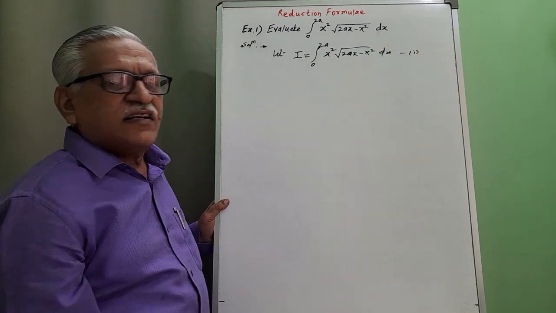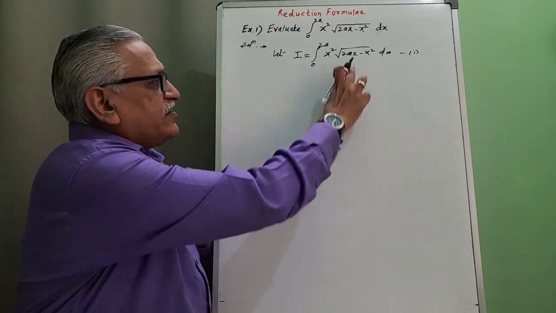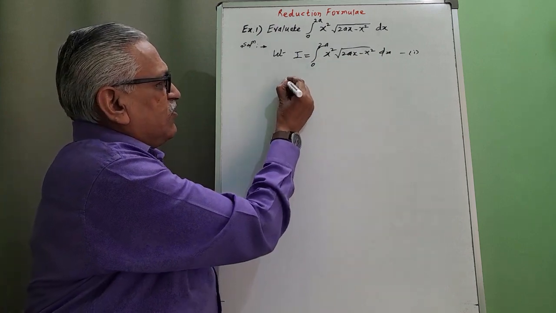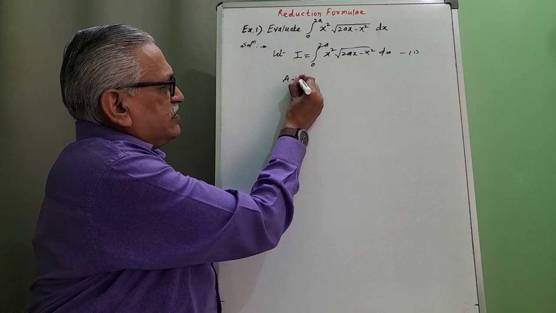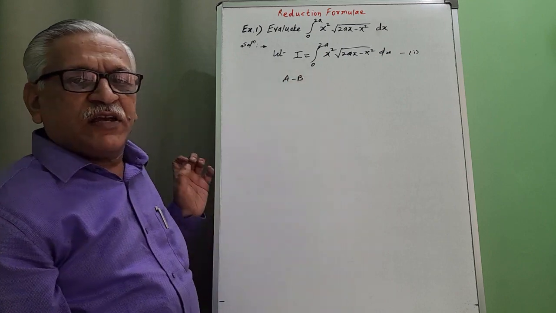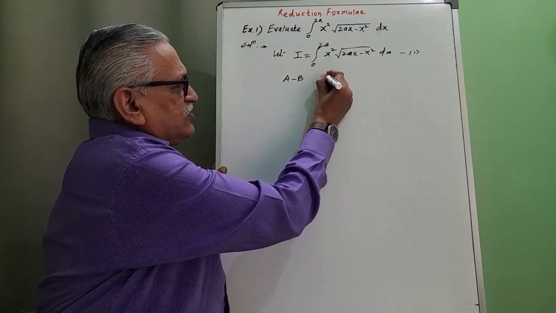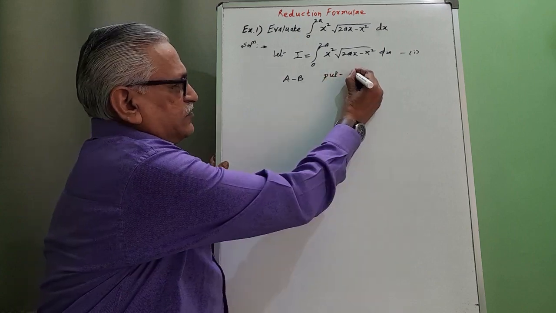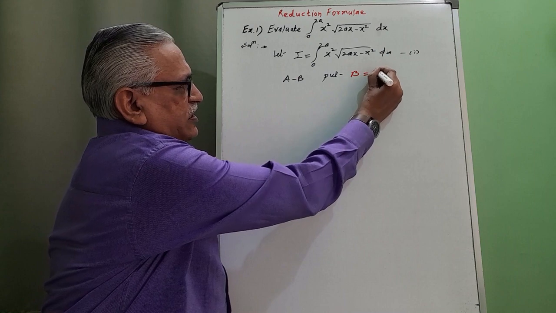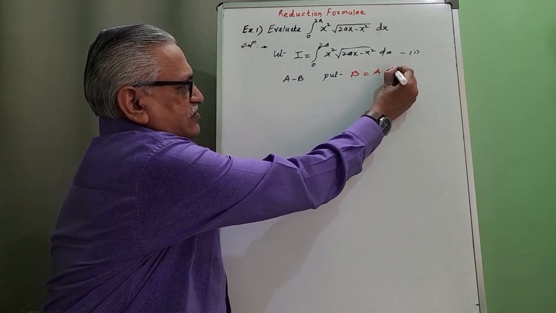This integrand contains a term of the form a minus b, a binomial expression. Whenever we have such a term, we have to put the standard substitution, b is equal to a sine square theta.